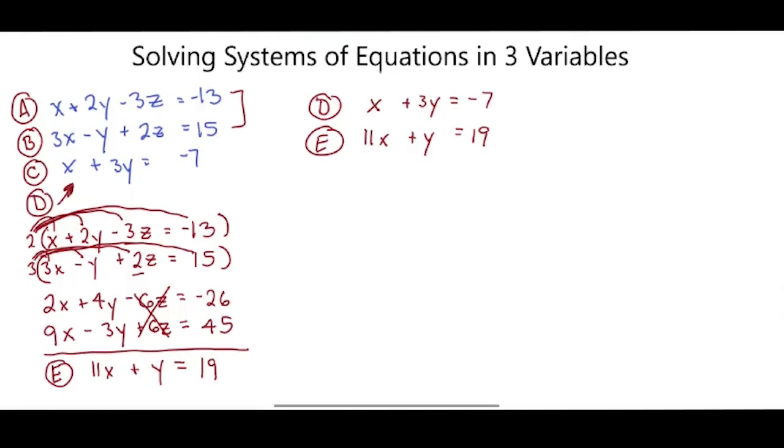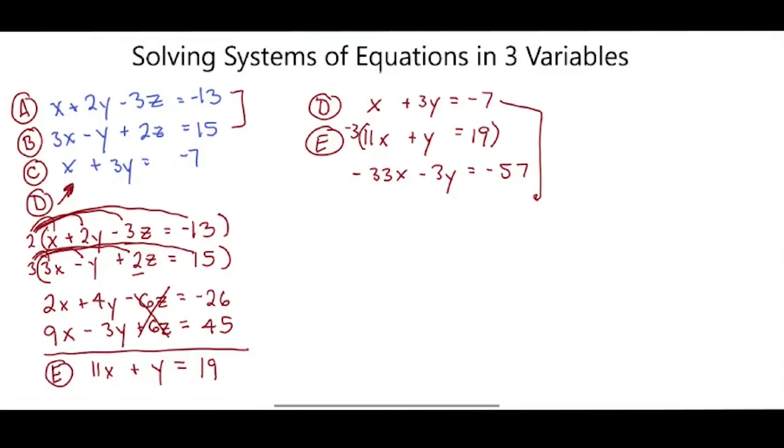So I want my y's to be the opposite of each other. So I'm going to multiply the bottom equation by negative 3. So I get negative 33x minus 3y equals negative 57.